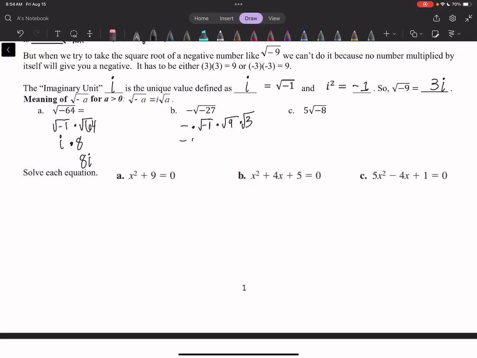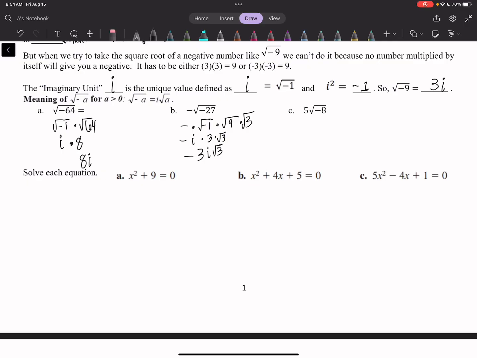This gives me negative i times 3 times square root of 3. So my final answer is negative 3i square root 3. Try letter C. At the end of the video, I'll show you the answer key.